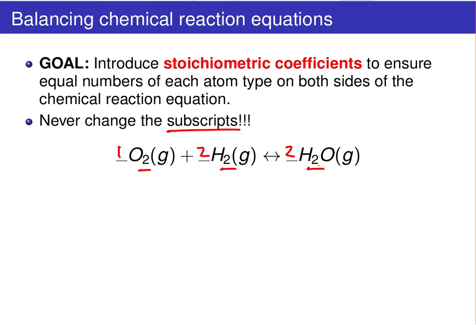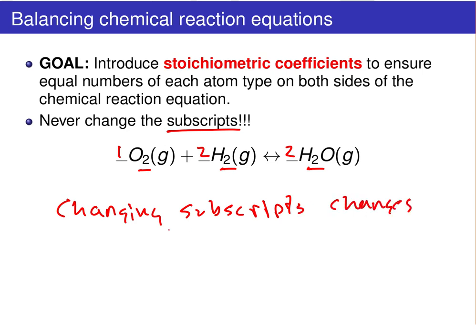The reason for this is because if we change the subscript, we are actually changing the molecule. So changing subscripts changes the molecule itself. Now, if we change the molecule, we are talking about an entirely different chemical reaction, a chemical reaction that oftentimes will no longer occur.